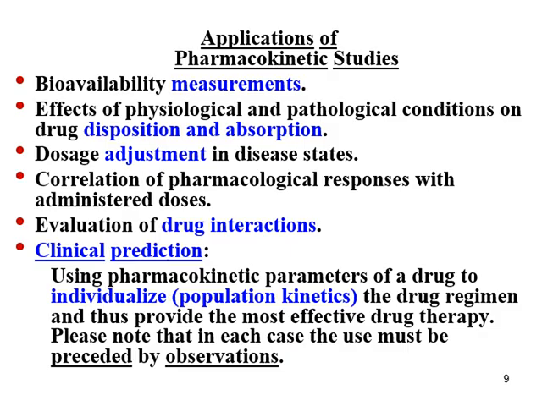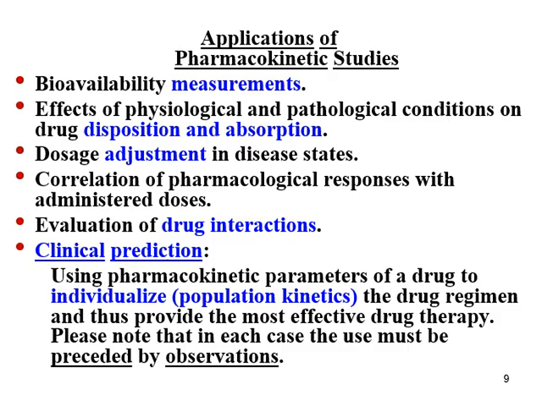And also, we can do some clinical predictions by applying the PK studies. For example, we can use pharmacokinetic parameters of a drug to individualize the drug regimen, because everyone is different. Even with the same disease, every patient is different, okay? And when we do the clinical trial, we do that for a population.